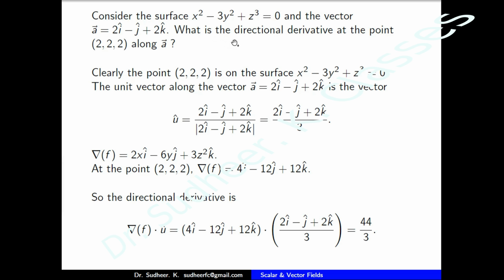Why? Because gradient is along the normal. So if you take the vector A also along the normal to the surface, the directional derivative will become the maximum.